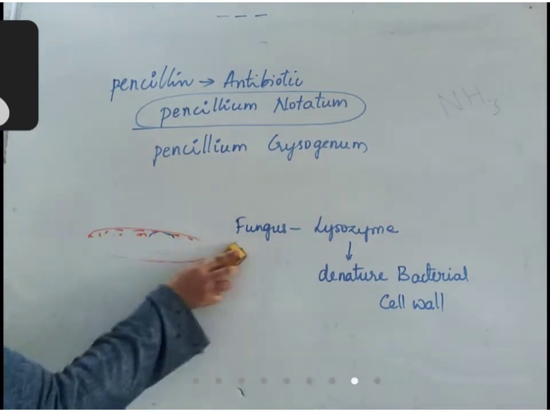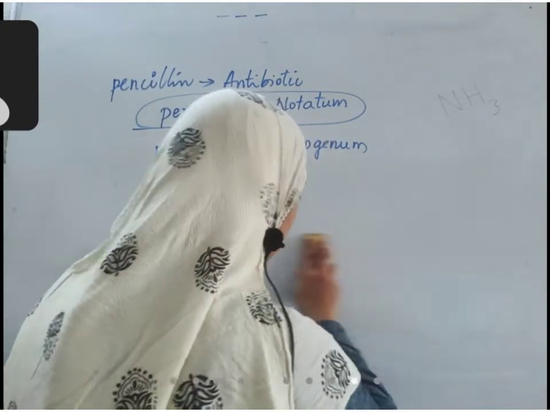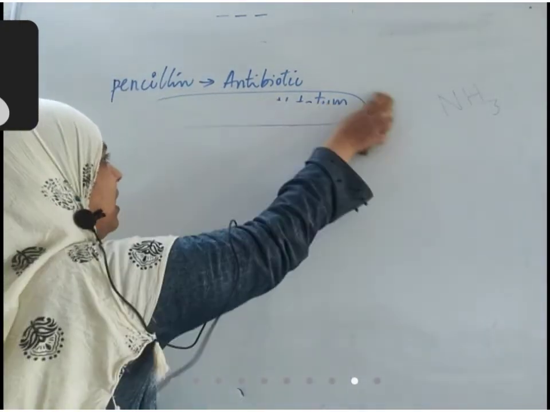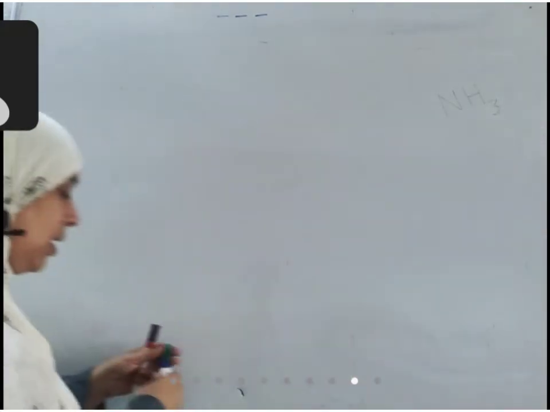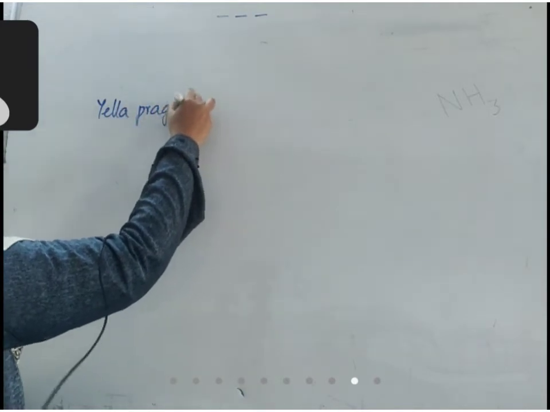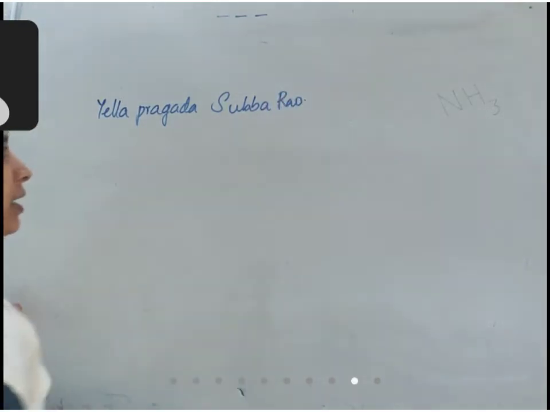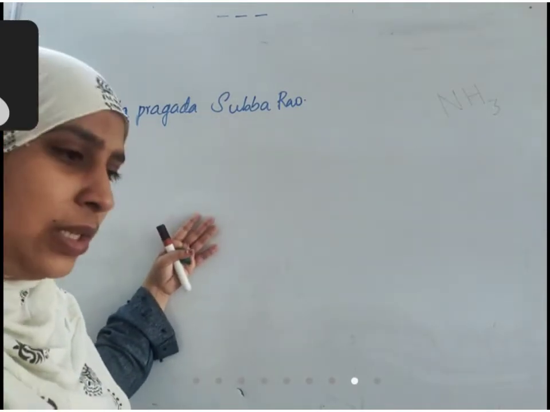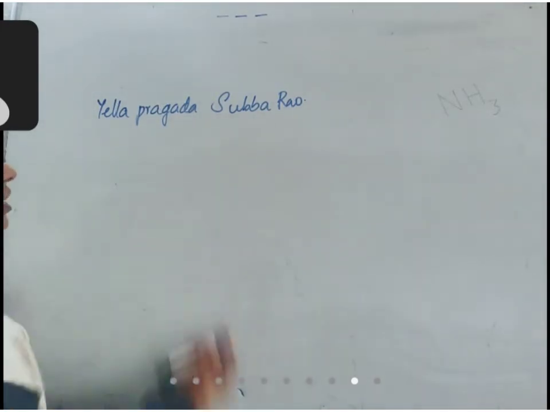Next, after him, another scientist, his name is Yellapragada Subbarao. He's a native from one of our districts, a Telugu man. I don't remember the exact district to which he belongs.